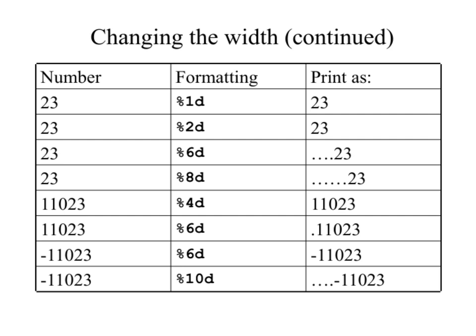Then, moving on to %6d, which specifies a width of 6 characters. In this case, the number 23 is right justified in a field of 6, with leading spaces filling the extra space. This pattern continues with %8d and %10d, where the width increases, and we see the number aligned to the right, with spaces padding the left. Notice that in some examples, like -11,023, the negative sign counts as part of the width.